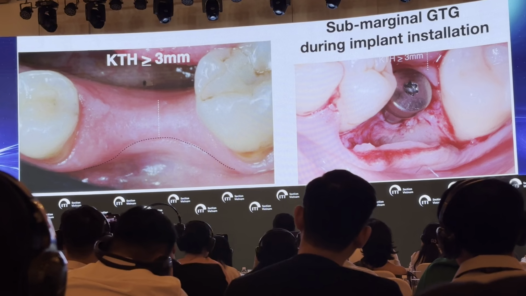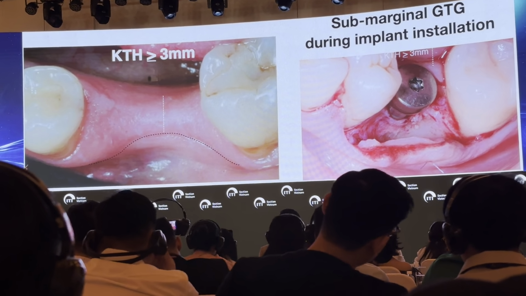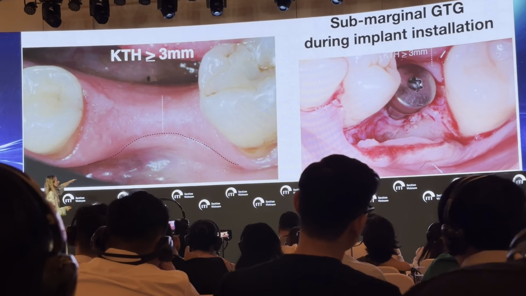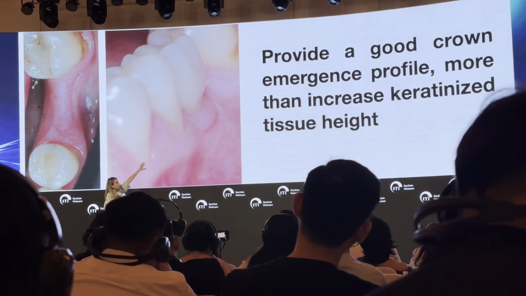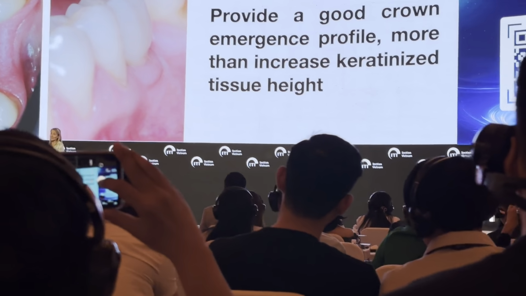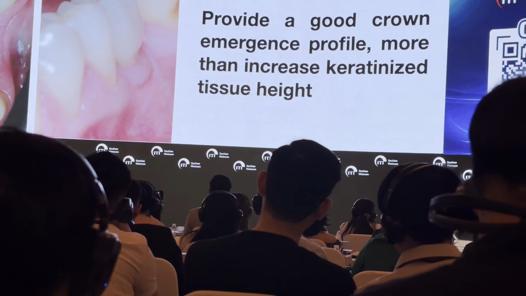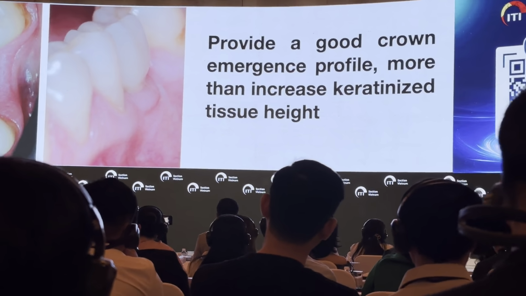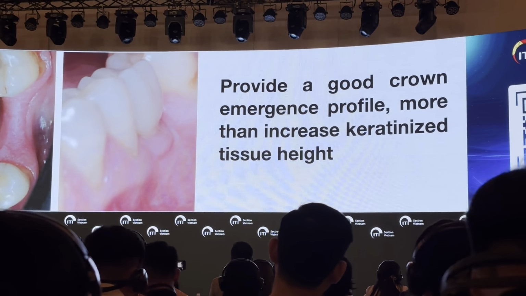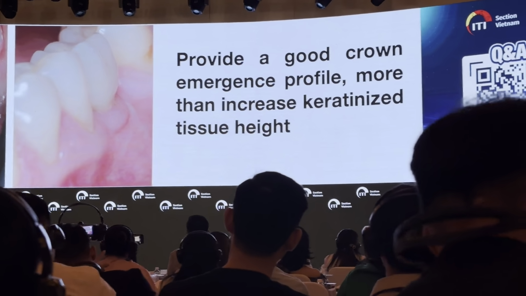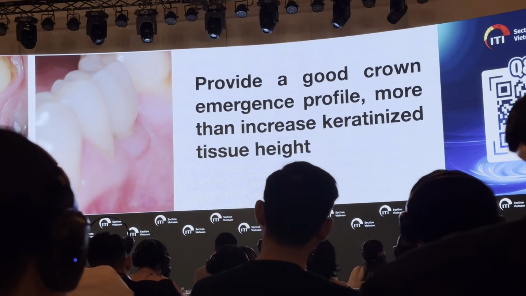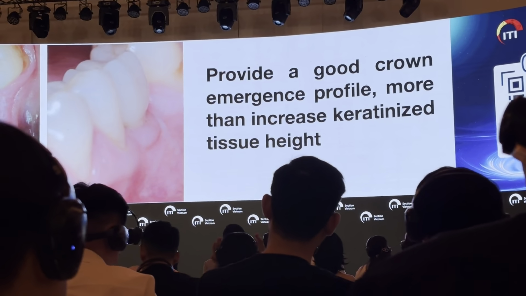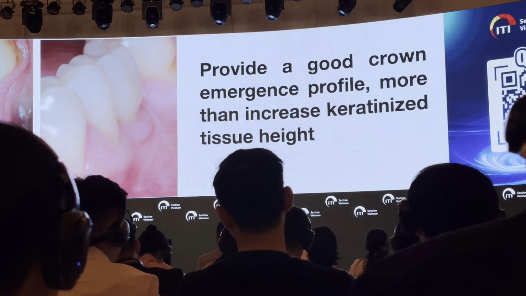But as you can see, we have keratinized tissue, but we have this huge concavity that does not provide the right emergence profile for the patient to clean. Because you can provide the implant supported rehabilitation, but the buccolingual defect is not going to allow proper oral hygiene.